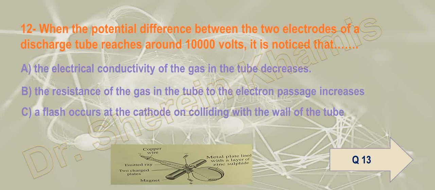We said that the flash comes from the cathode in the direction of the anode, and the flash reaches to what? It reaches the anode. We mentioned this before.